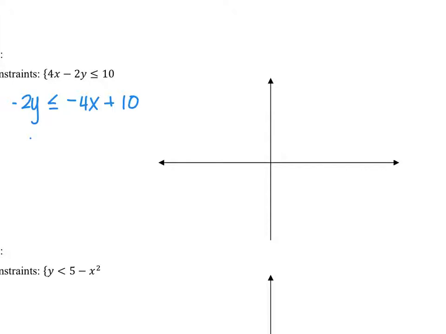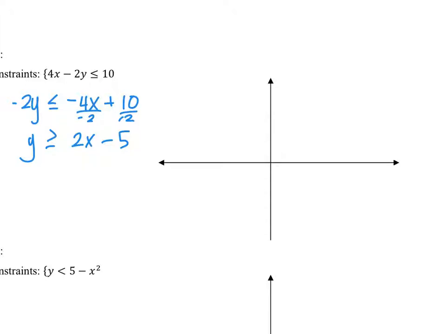Divide by negative 2, and reach way back in your memories. What happens when you divide by a negative number? Flip the sign around. So greater than, and now everything gets divided by negative 2. So I'm going to have positive 2x minus 5. So y is greater than or equal to 2x minus 5.